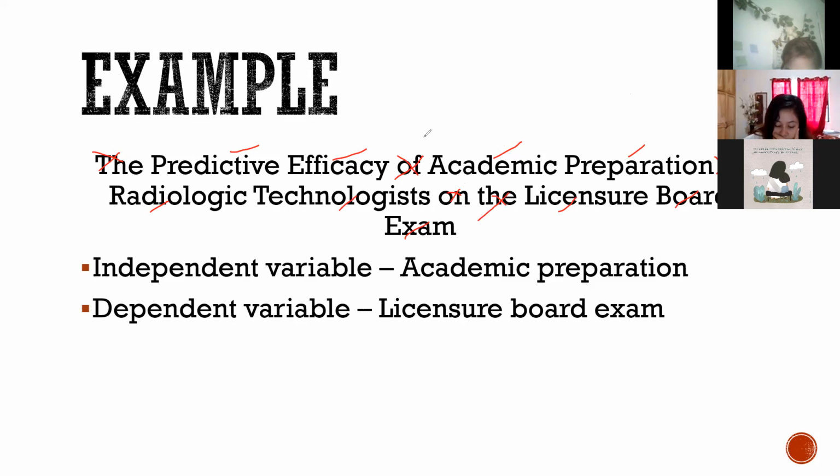So pila to? 1, 2, 3, 4, 5, 6, 7, 8, 9. So we have 9 words here for the example, which means nakasulod ni siya sa ideal na research title. Kasi it's not more than 15 words. Actually, 9 words lang siya, all in all.